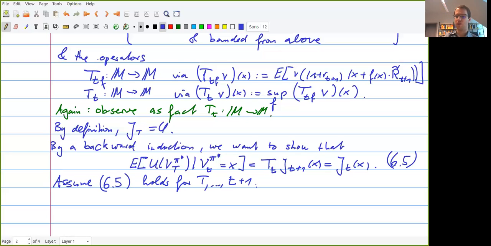So we know it holds for capital T, and now we assume that we have shown it from capital T down to t plus 1, and obviously we want to show that it holds for t.